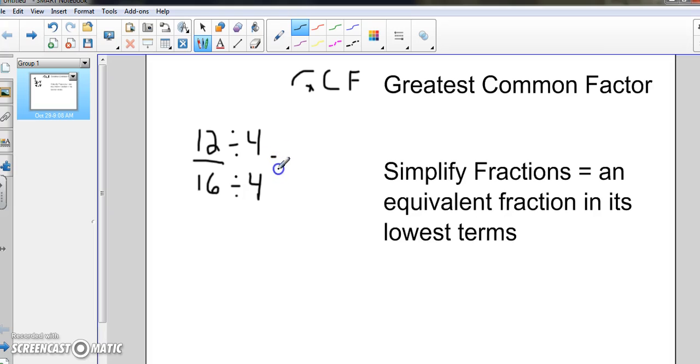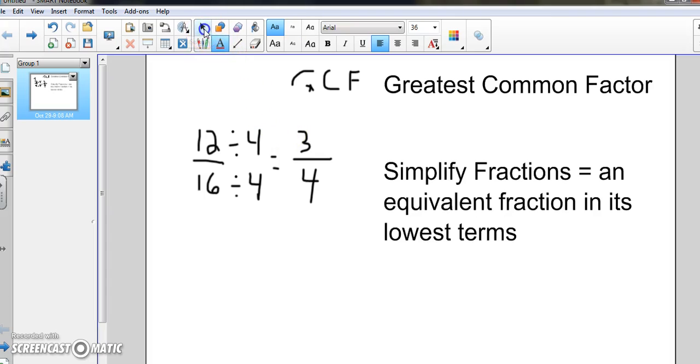That's going to equal 12 divided by 4. How many 4's go into 12? 4, 8, 12, 3. How many 4's go into 16? 4, 8, 12, 16, 4. 12/16 simplified is 3/4.